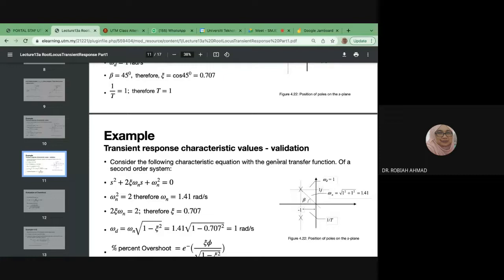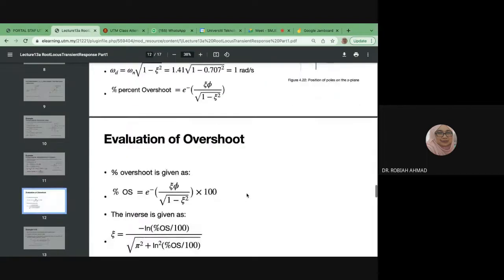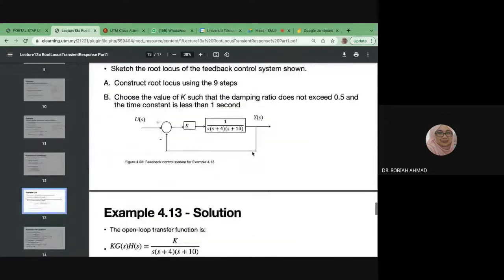From the point there, you can get your value of K. Remember I taught you about the angle and magnitude characteristic equation: 1 plus KG(s)H(s) equal to 0. So from there you have the distance and you can calculate K. Okay, it's fine, let's do the root locus first and then draw the 60 degree angle.